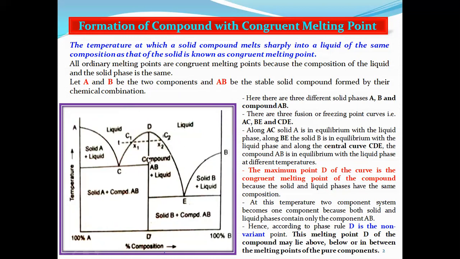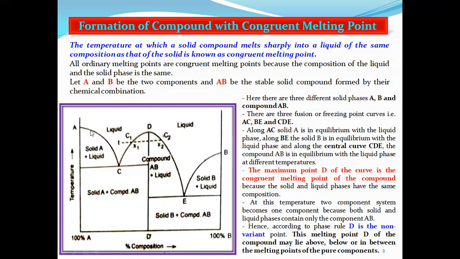There are three different solid phases: solid A, solid B, and compound AB, which is also a solid. That's why there are three fusion or freezing point curves: AC for solid A, BE for solid B, and CDE for the solid AB.